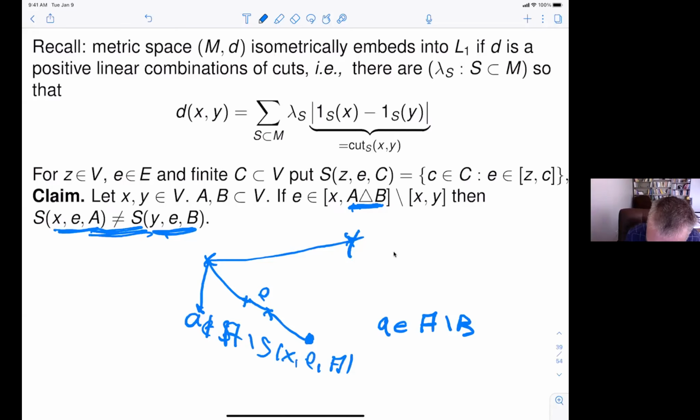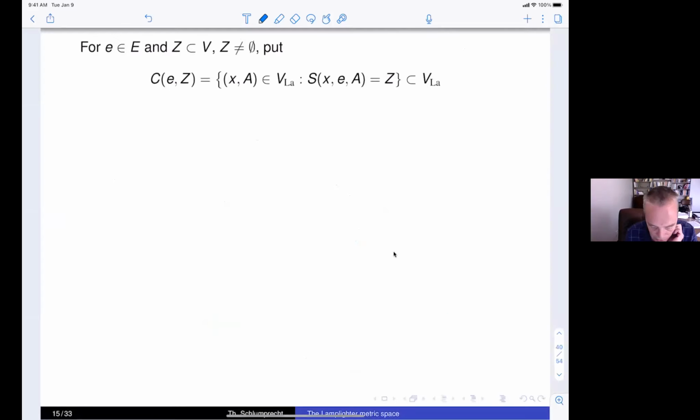And then you define your cuts, for every E in the edge set, for every subset of V which is not empty, you define C_{E,Z}, the set of all vertices of the Lamplighter graph for which Z equals this set.